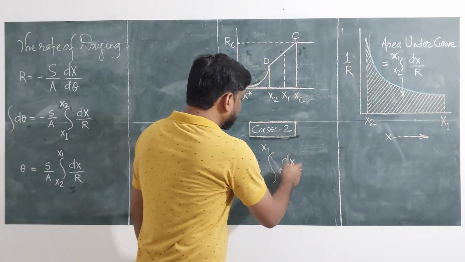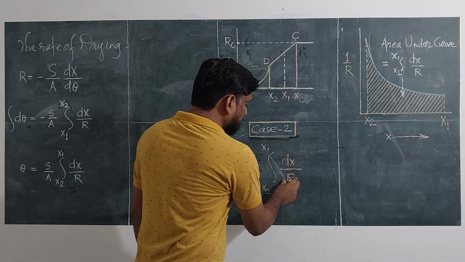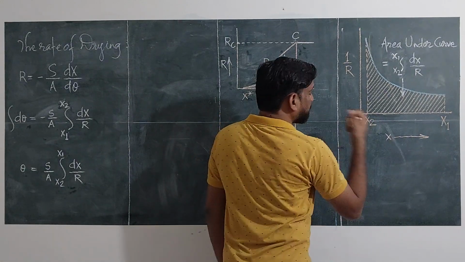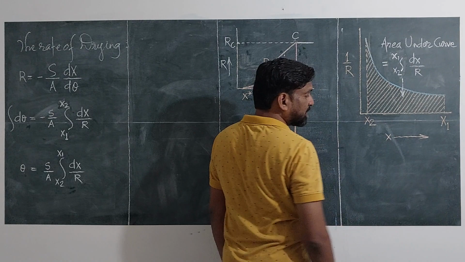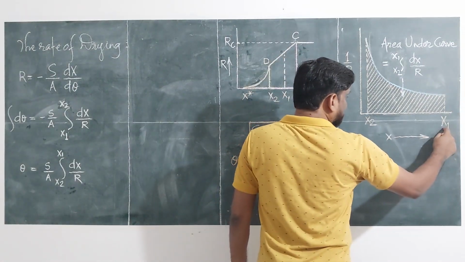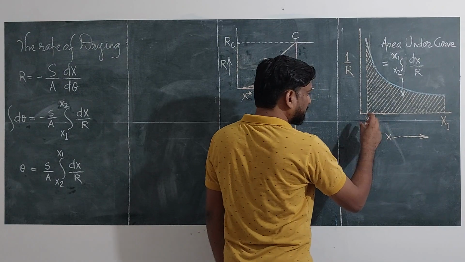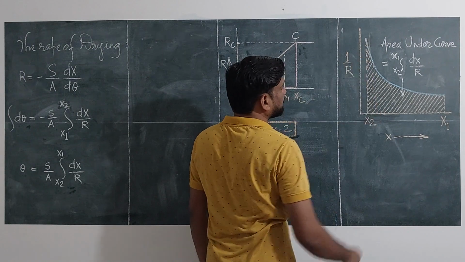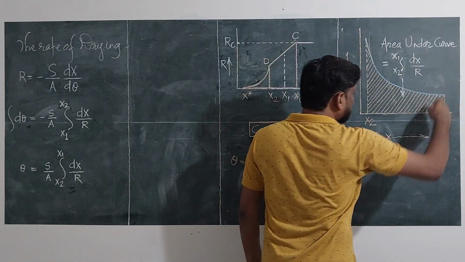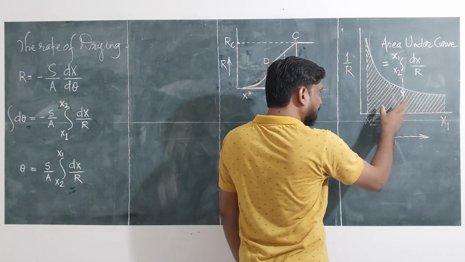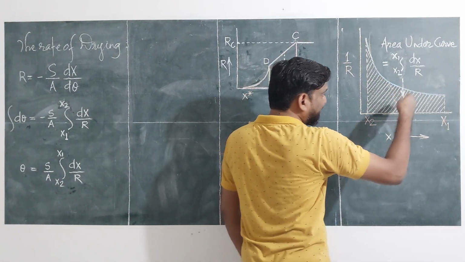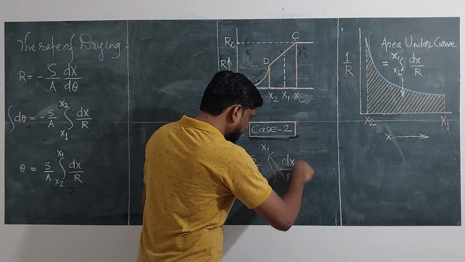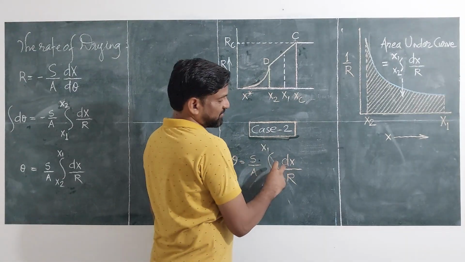How? The integration between the limits x2 to x1 can be got on this curve. x1 is the initial moisture content and x2 is the final moisture content, and we have drawn this moisture content versus 1 by R. Whatever curve we get in this way, the area under this curve, the hashed area, will give us the value of this integral.